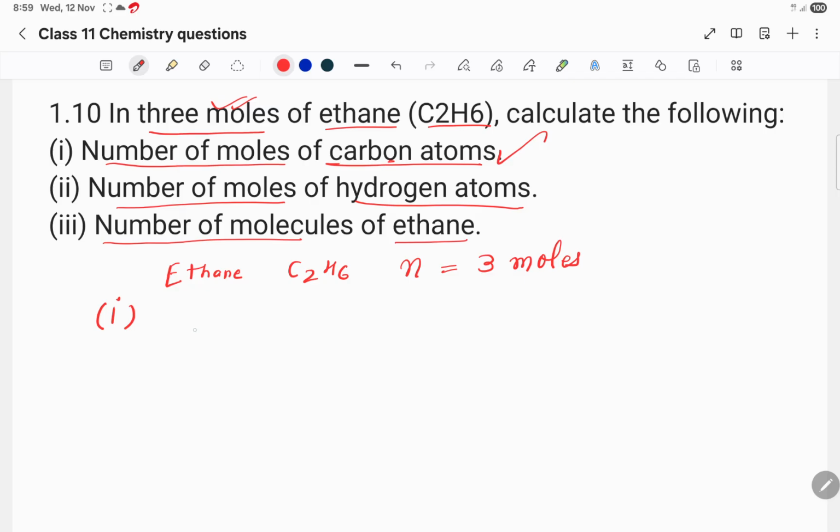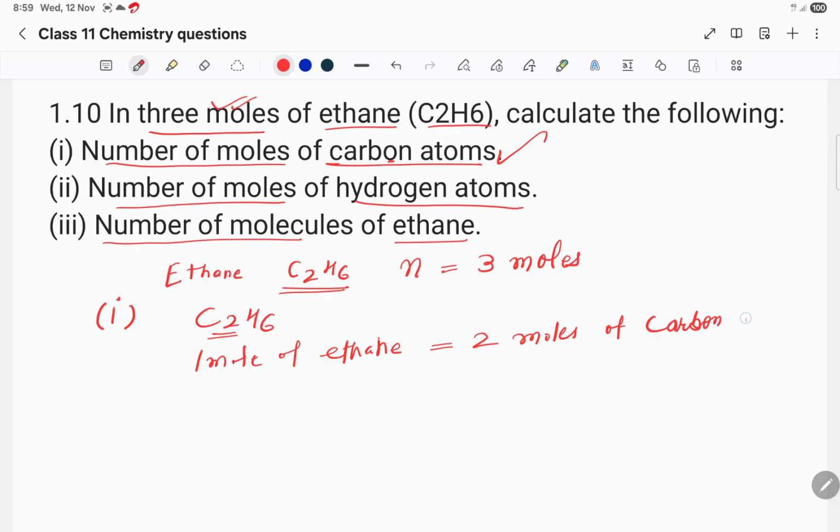right? If you look at the formula of ethane, that is C2H6, you can see there are 2 carbons. Okay, that means 1 mole of ethane has how many moles of carbon? 2 moles of carbon atoms.